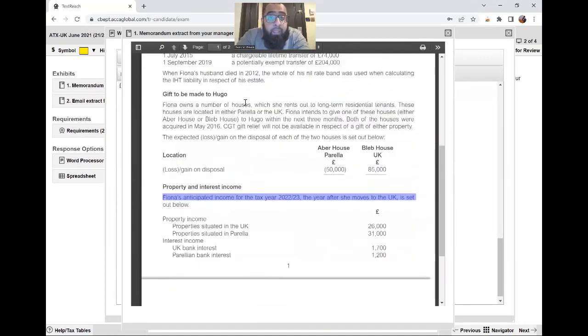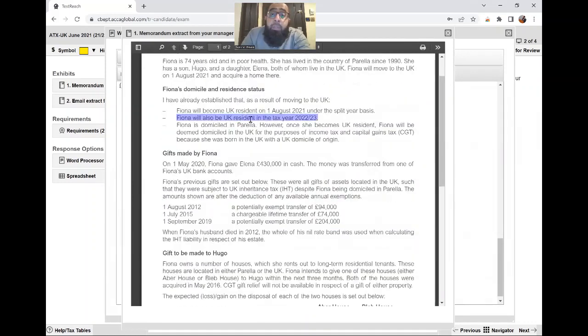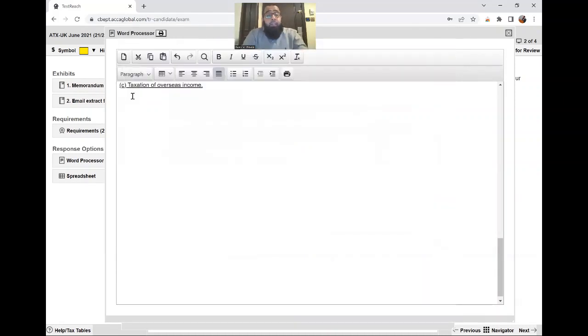So let's look at her residence status. Fiona will be resident in the tax year 22-23. And she is deemed domicile for the purpose of income tax and CGT. Now listen to me very carefully. Fiona is UK resident and she is a UK domicile holder in 2022-23, for income tax and CGT purpose.